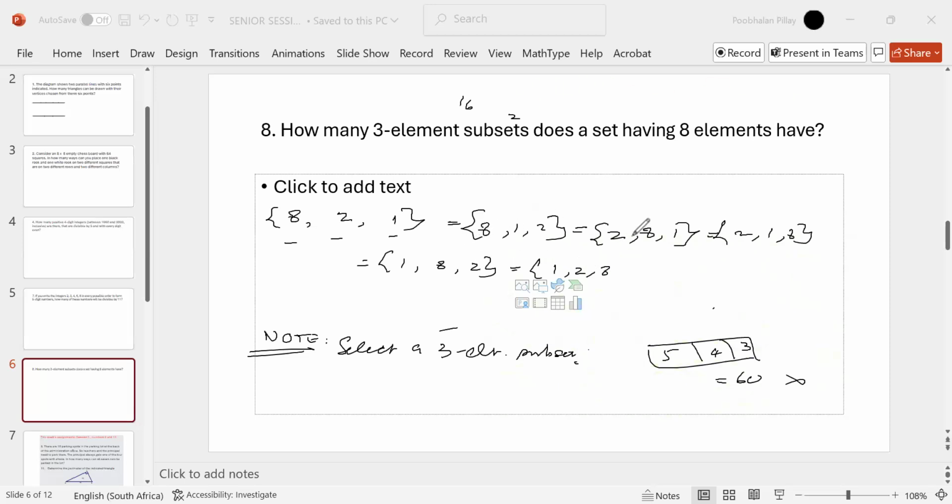So you can choose the first element as 8, or you could choose the first element as 2, or you could choose the first element as 1, and then once you choose the first element, you can choose the second: 2, 8, 1, 1, 8. And then once you choose the first element as 1, then you can choose the second 2, like that. So that's finished. There's no other way. So you are counting this thing 6 times. It's counted 6 times.